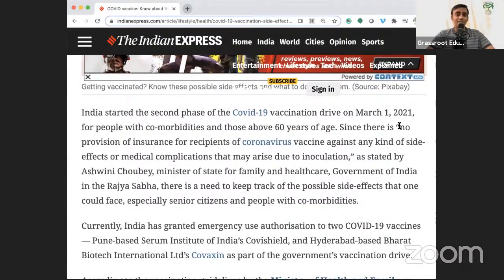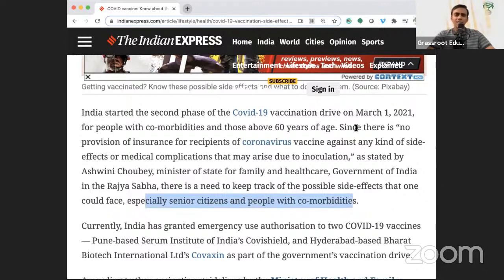Now, since there is no provision of insurance for recipients of coronavirus vaccine against any kind of side effects or medical complications that may arise due to inoculation, as stated by this person, there is a need to keep track of the possible side effects that one could face, especially senior citizens and people with comorbidities.